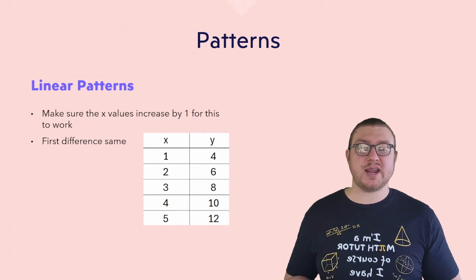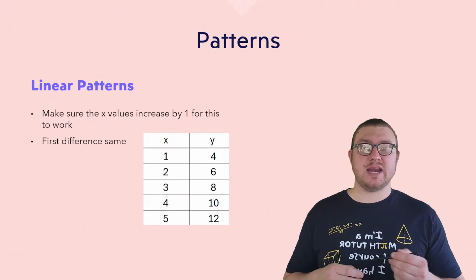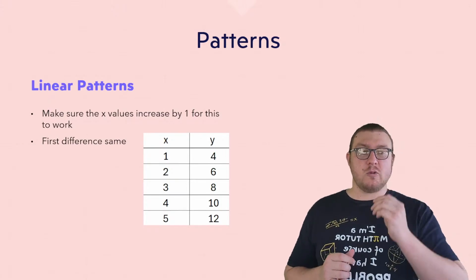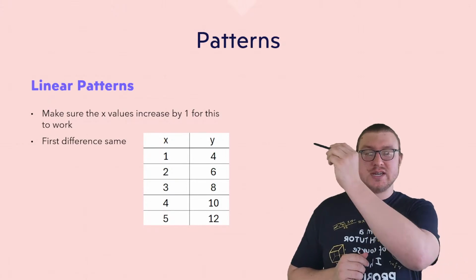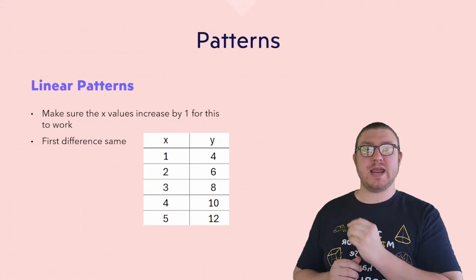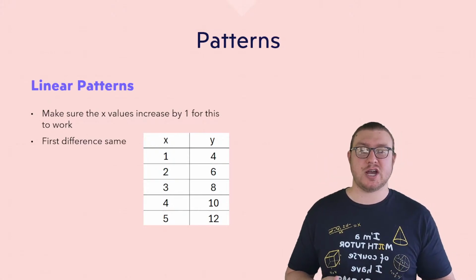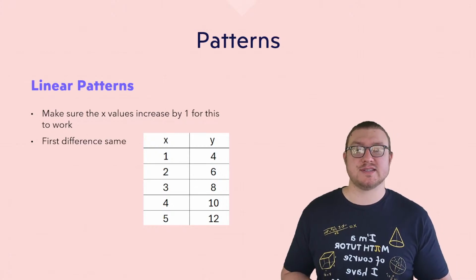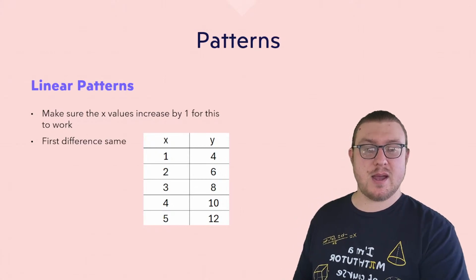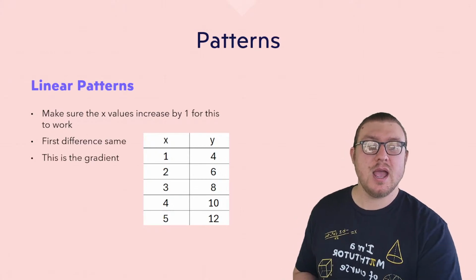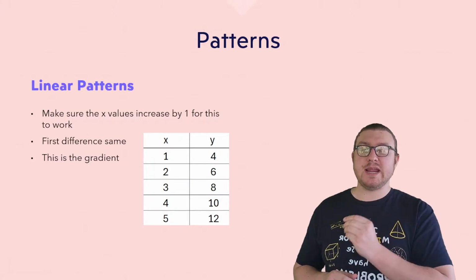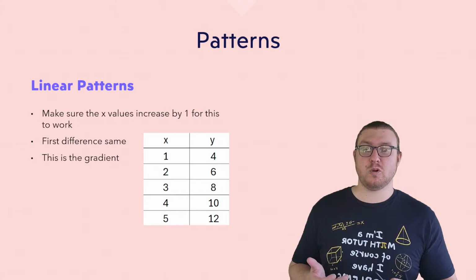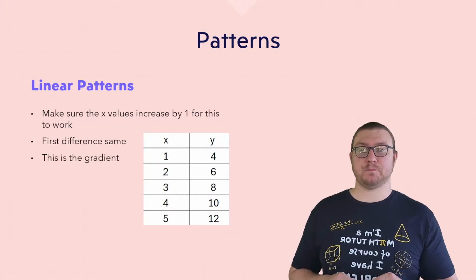We want to check if the Y values increase by the same amount or not. So we're going to have our Y values, and if you have a look, they seem to be increasing by 2 each time. So that's a good sign for us to believe that this is a straight line, a linear pattern. Whatever the number is that we're increasing by each time, in this case plus 2, this will be the gradient of our line.